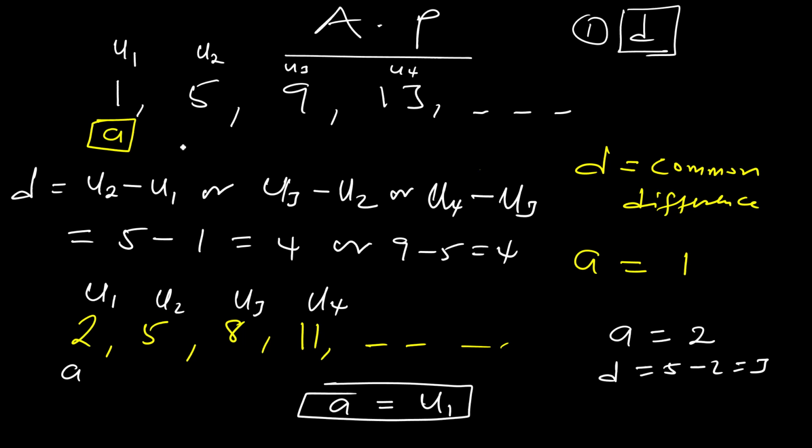Now, once we understand the meaning of the first term and the common difference, let's go ahead and deduce the formula for AP. We are saying that once we know the first term and the common difference, we can form a sequence.